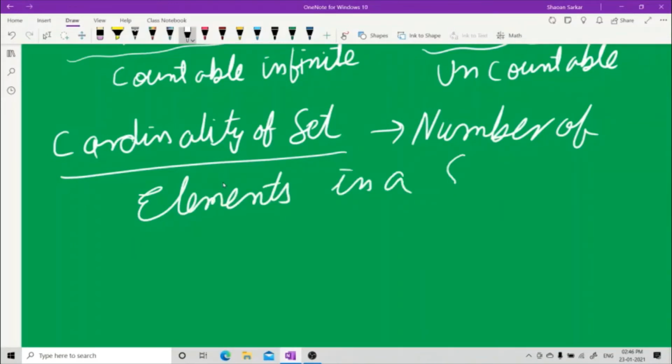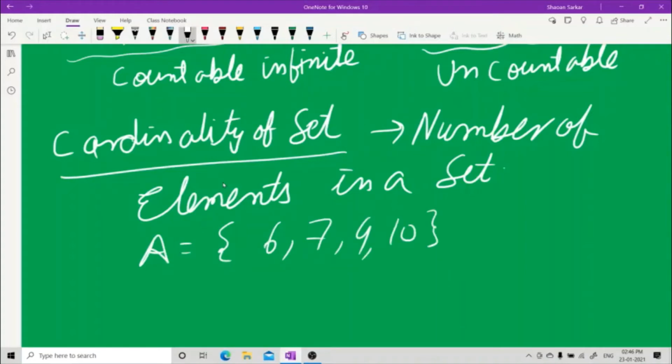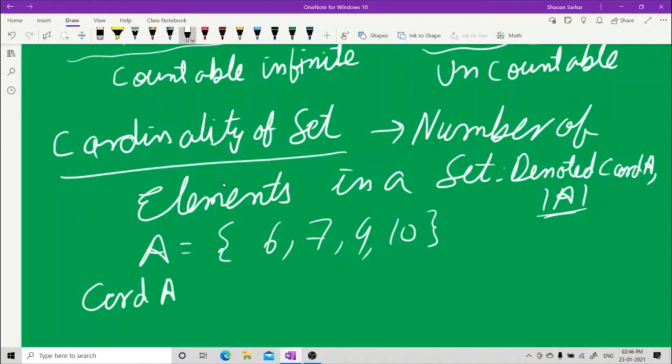If you have a set A having 7, 6, 7, 9, 10, it is denoted in some books by card A, C-A-R-D, or just like this. This is not mod. This is the cardinality symbol. How many numbers? 1, 2, 3, 4. This is 4.